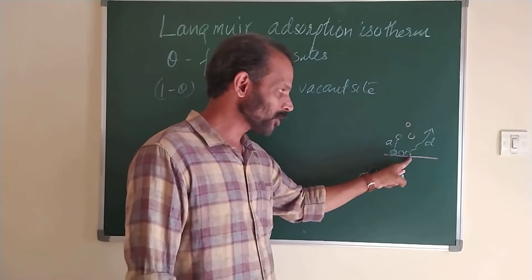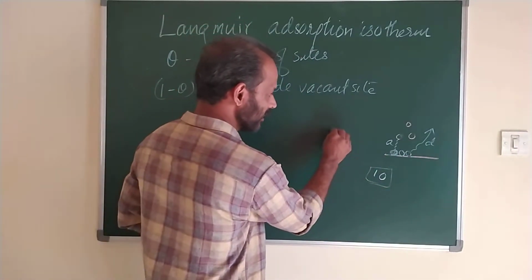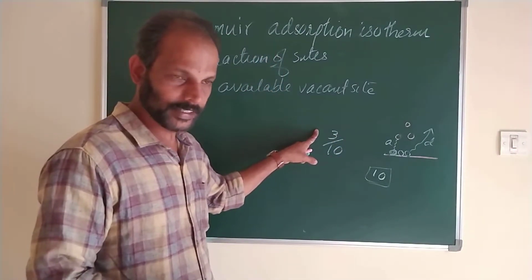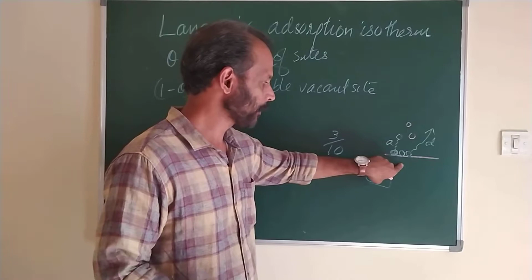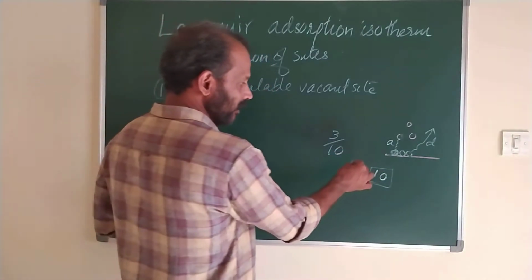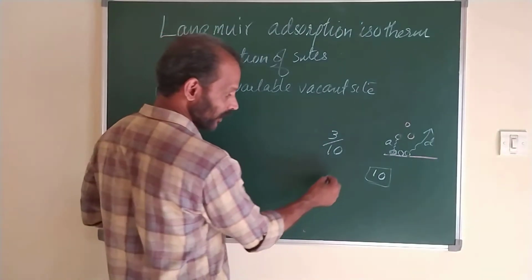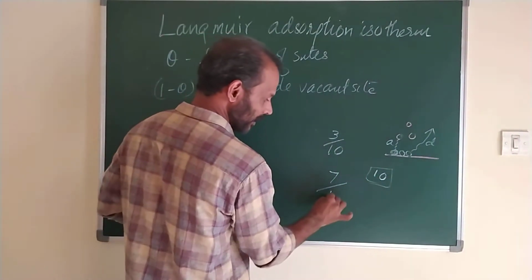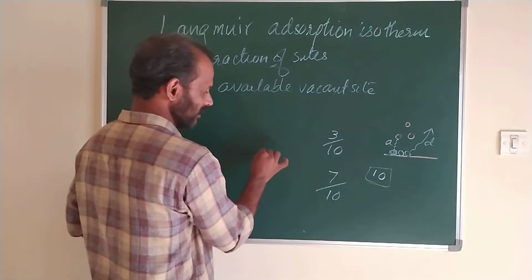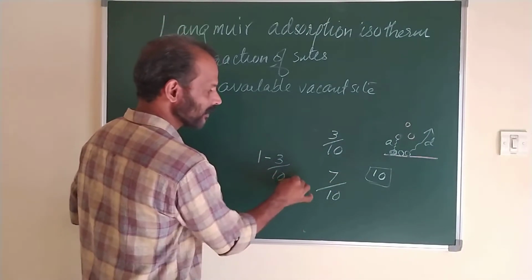So the fraction of the molecules occupied is 3 out of 10. That is the fraction. Right? 3 out of 10 occupied. Then what is the vacant site available? That is 7 by 10. How can you get this 7 by 10? Simply 1 minus 3 by 10.